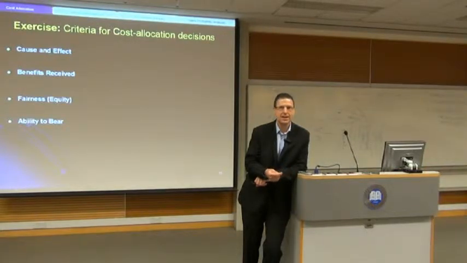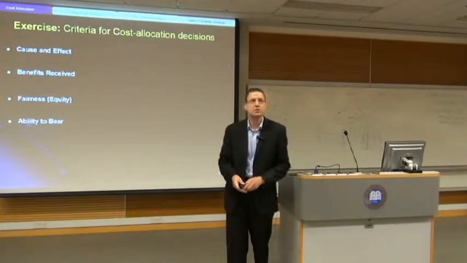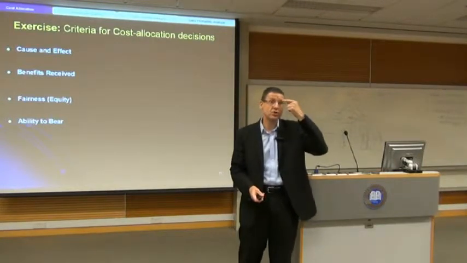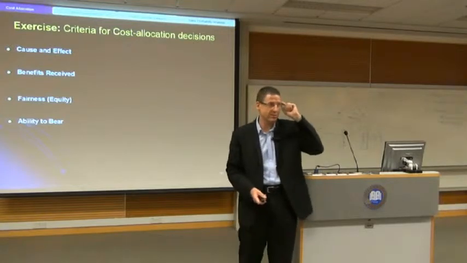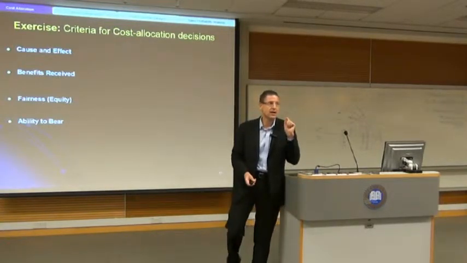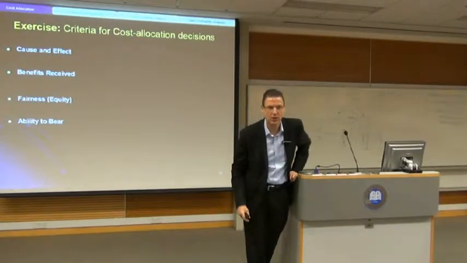The way you allocate costs is a big deal for particular decisions that are made, and for how you motivate people. If you allocate costs in the wrong way, you may not motivate people, and people may end up leaving. So you need to be aware of why we are allocating costs in a certain way.